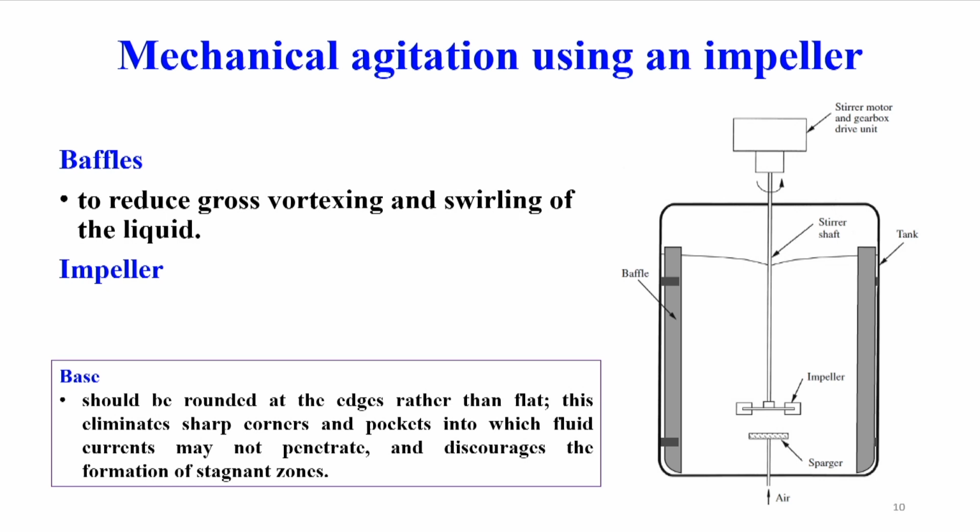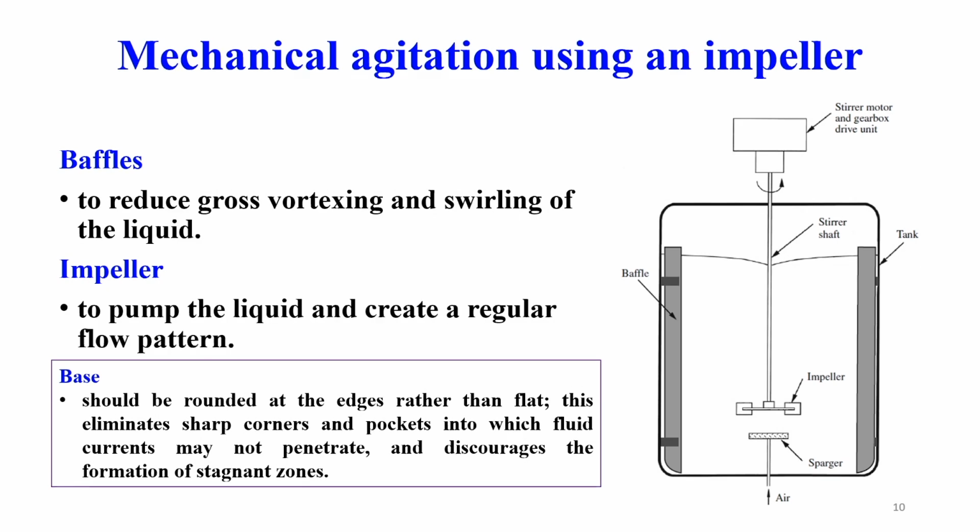So, you can quickly see this mechanically agitated vessel. There are three components: baffles, impeller, and you can see there is a specific shape of the base. What is the role of baffle here? They reduce the gross vortexing or swirling of liquid. And what is the role of impeller? To pump the liquid and create a regular flow pattern.